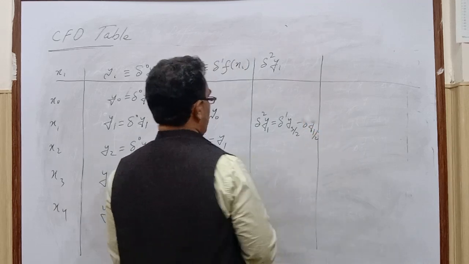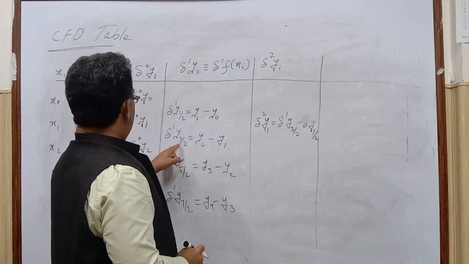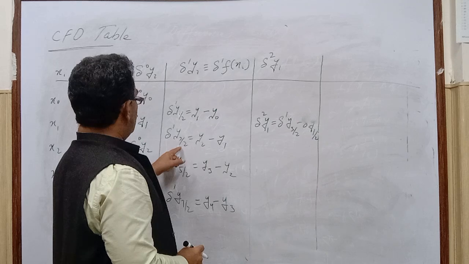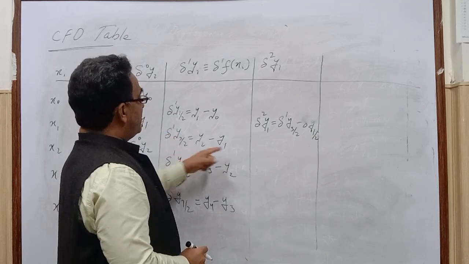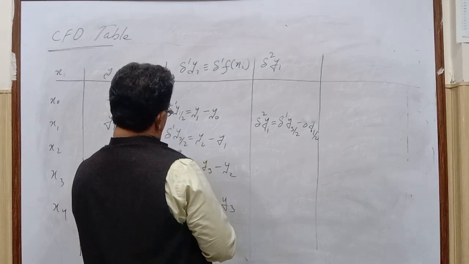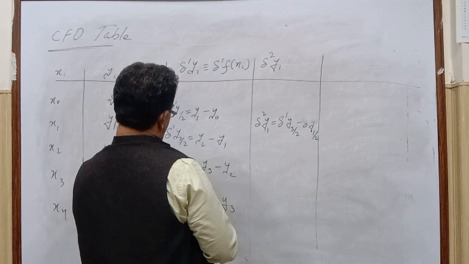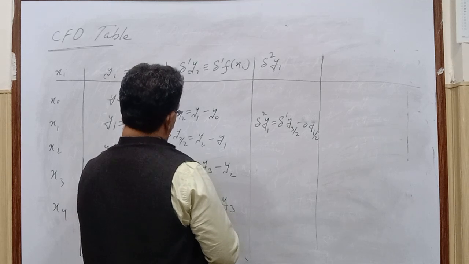Look at where the index value is coming from: 3 over 2 plus 1 over 2 is 4 by 2, which is 2, and when we divide 2 by 2 we get 1. Over here we will add 5 by 2 and 3 by 2, that is 8 by 2, and 8 by 2 is 4. You will divide 4 by 2 further, and you will get the suffix value 2.